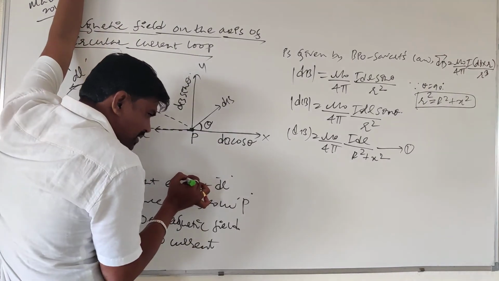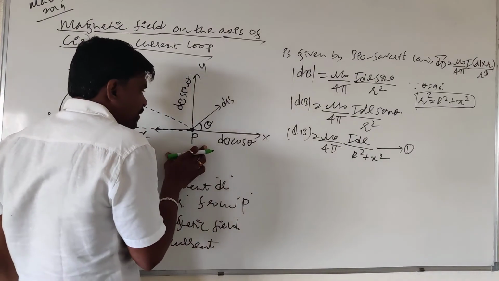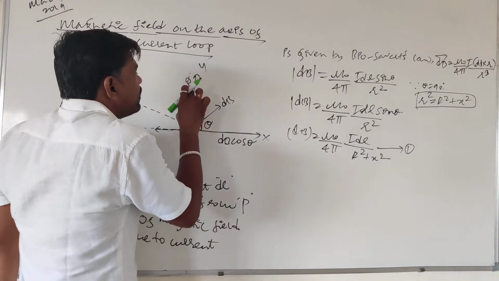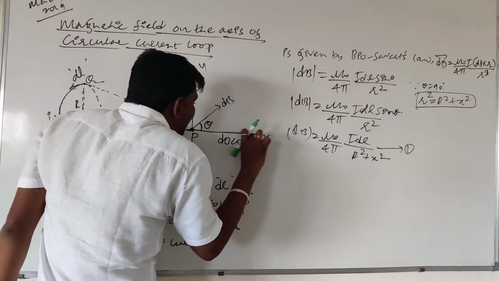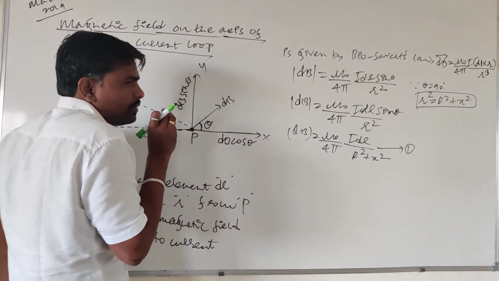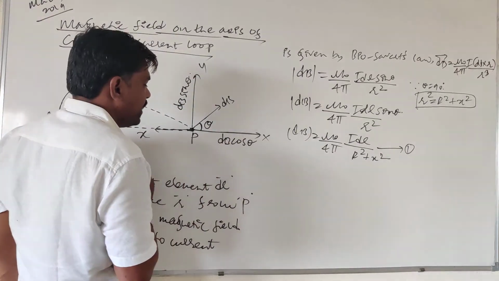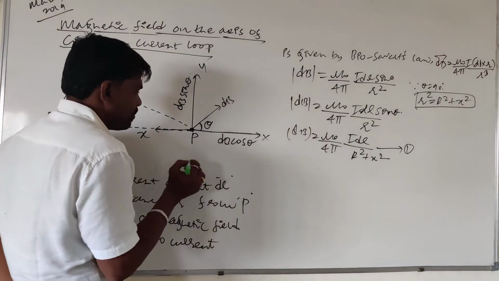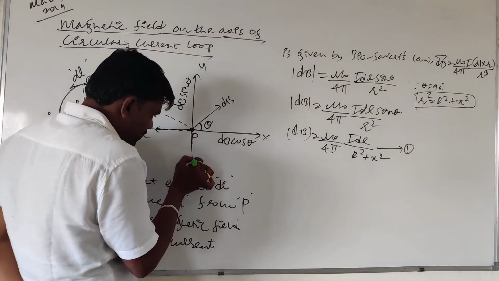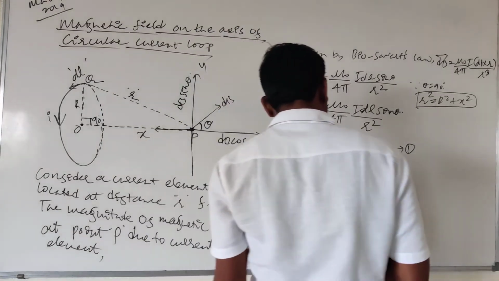Here also dB sin theta, that is also minus. Right? So see here, in this direction dB is going to be added up. In this direction cos theta is going to be added up. Right? Fine.